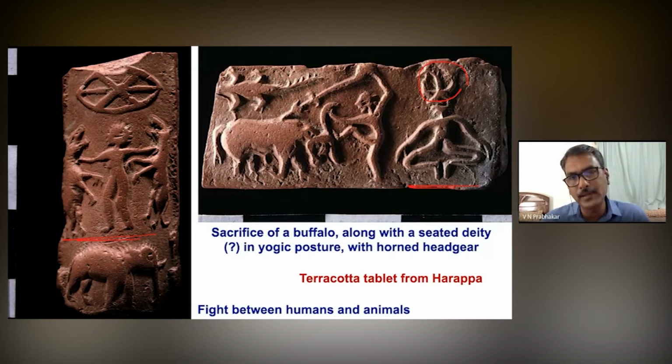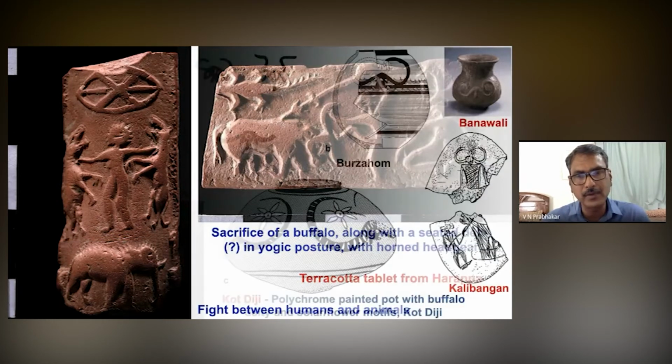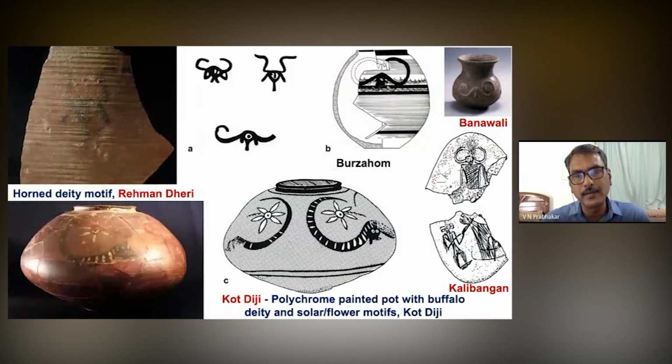So these are the kinds of indications which we can clearly correlate to some sort of a religious establishment or a ritualistic structure within the overall Harappan civilization, accompanied by certainly some sort of a structure also. But the exact form and shape we don't know.